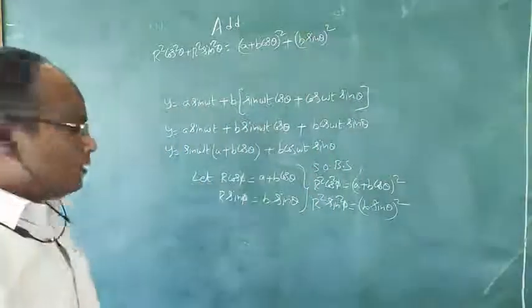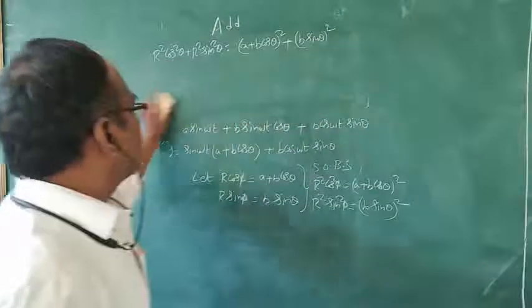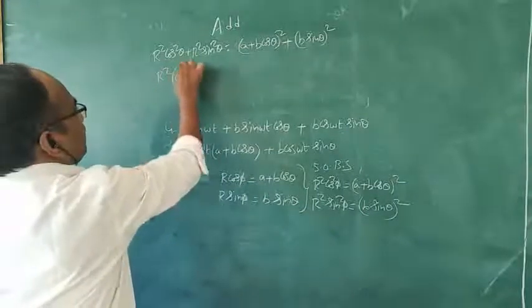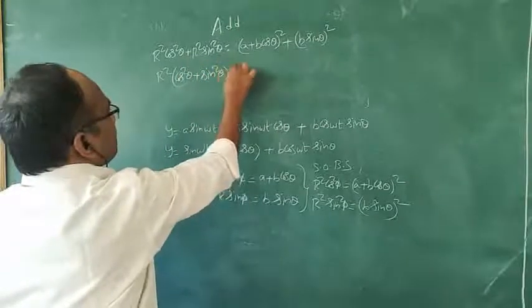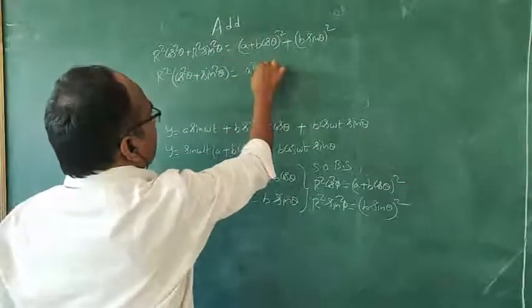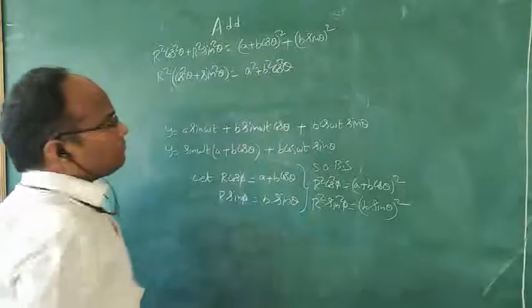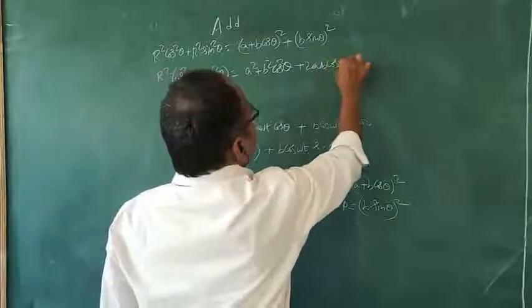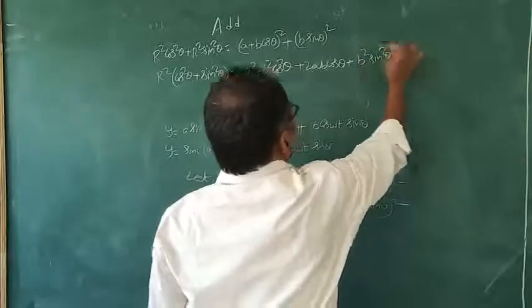Now if I take common, r square into cos square phi plus sin square phi is equal to a square plus b square cos square theta plus 2ab cos theta plus b square sin square theta.